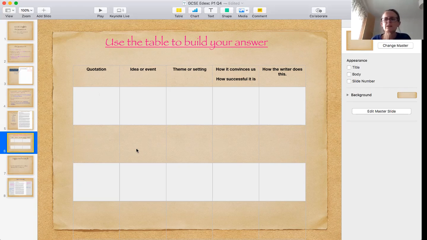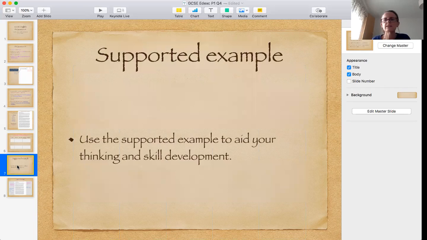And if you're thinking, well, how do I build my answer? Let's look at a supported example. Use a supported example to aid your thinking and skill development. This question asks you to really think about the text and what the writer is saying to you, and what you hear and what you see and what you think.